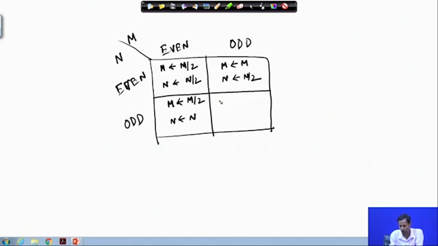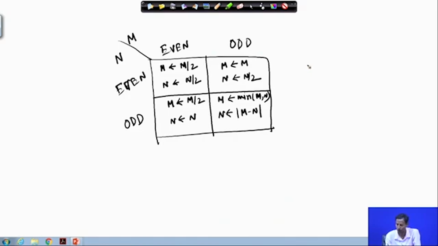When both are odd, m equals the minimum of m and n, and n is the mod of m minus n. Okay. So, this is the operation table for this particular algorithm. So, what do I need to do?